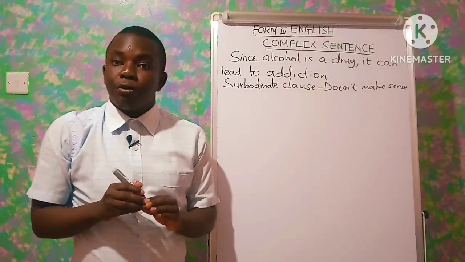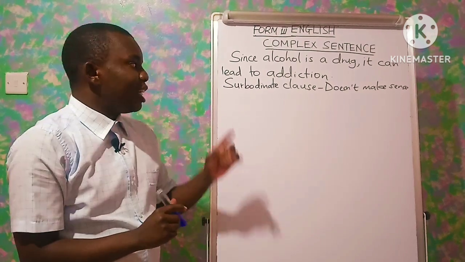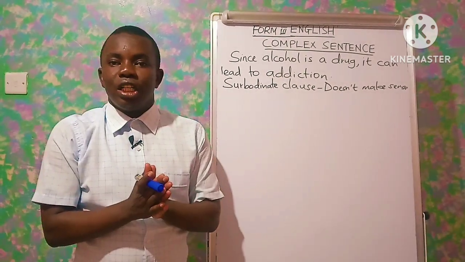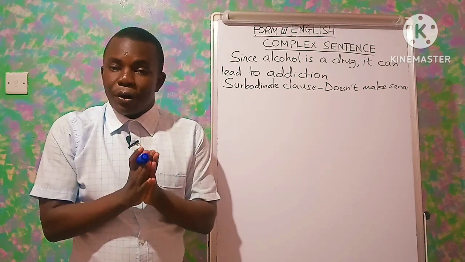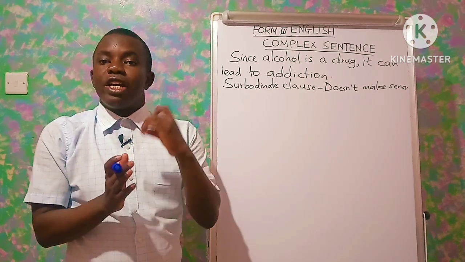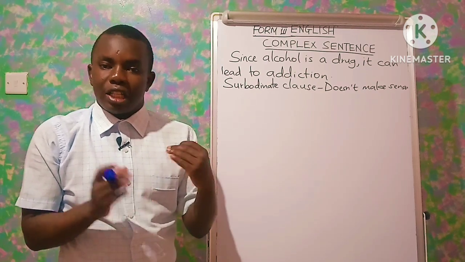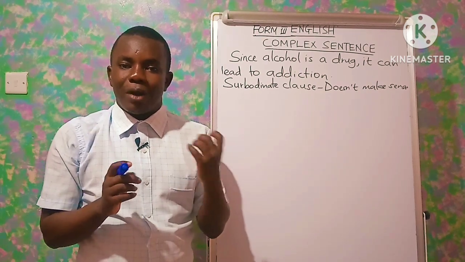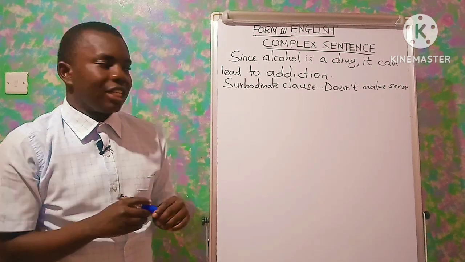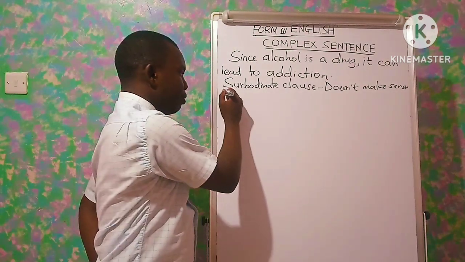The second part of the sentence, it can lead to addiction, can make sense on its own, can convey a complete idea, and does not rely on the other part of a sentence to make sense. And we call it the main clause.